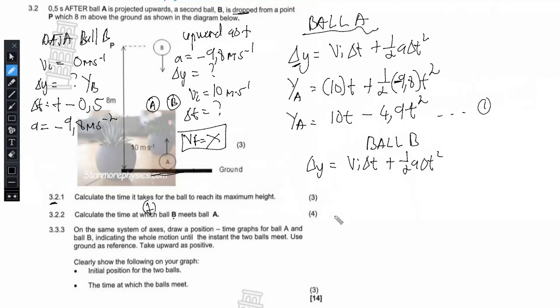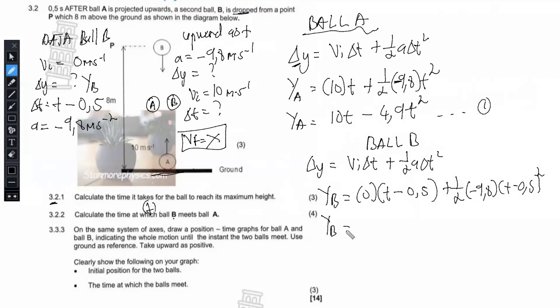Then delta Y, we have YB is equal to VI, which is 0, times delta T, which we represent as T minus 0.5, and then plus half times negative 9.8 times (T minus 0.5) squared. Now, all of this will fall off because 0 multiplied by any variable is just 0.